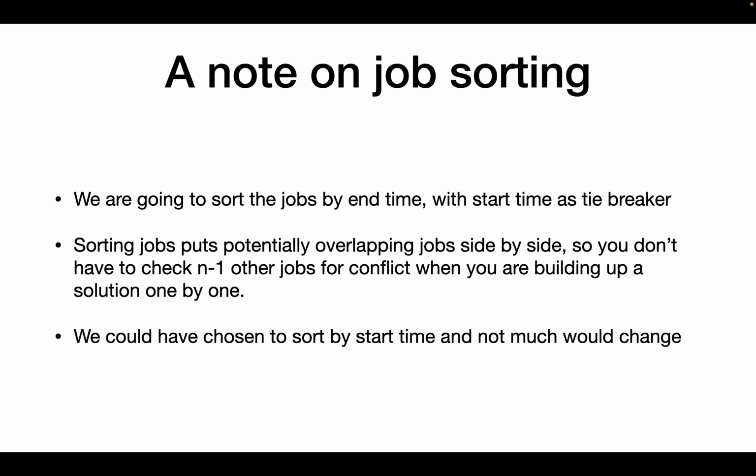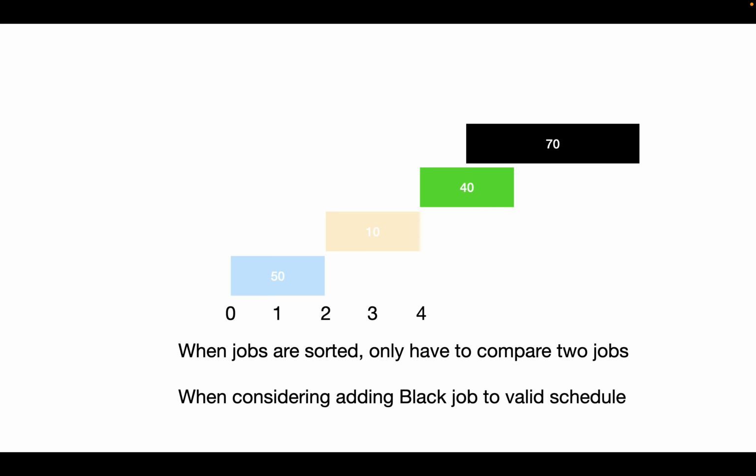Another reason that we sort them is when you're looking at a sequence of jobs, the golden set of scheduled jobs, and you're considering adding a new job into this set, you only have to look at the 2 jobs, right?